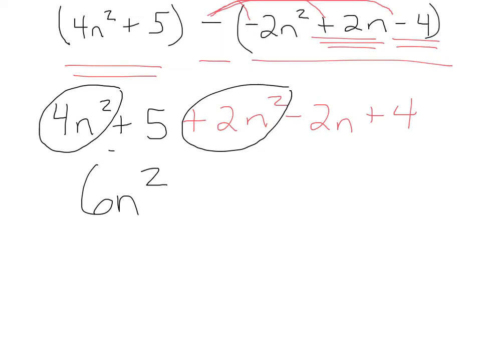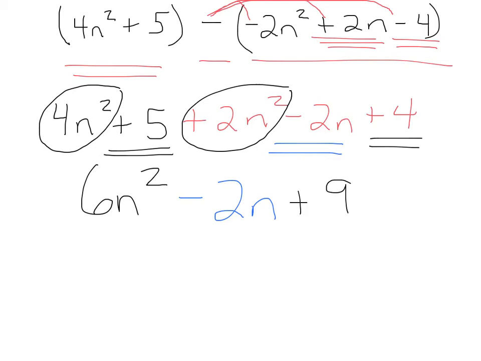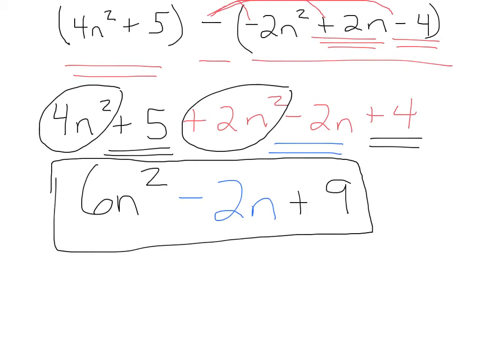I wouldn't write this 5 next, but instead I'm going to take a look at this negative 2n, and we have this 5 with this 4. How about 9? So there's the simplified form of the above expression. We've added these two polynomials to come up with this.